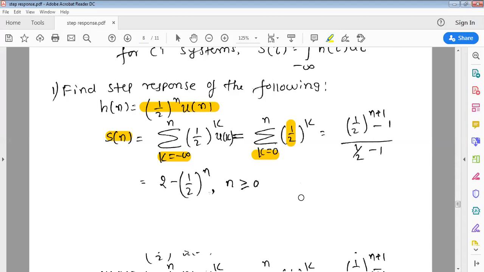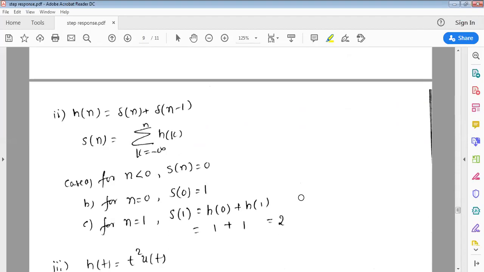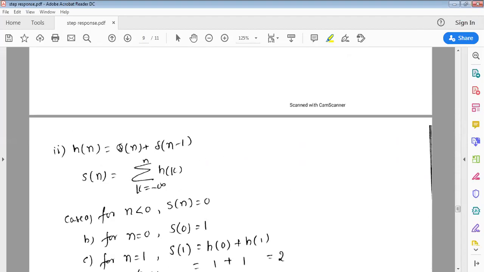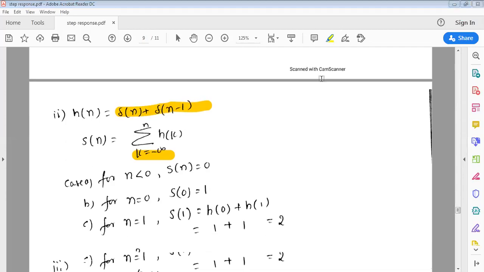Okay. Now I'll go to the next problem. Look here. h of n is taken as delta of n plus delta of n minus 1. So once again, I'll use the same formula, s of n equal to summation from k equal to minus infinity to n of h of k. Now, what happens here? When n is less than 0, say n equal to minus 1, what is the delta of n?